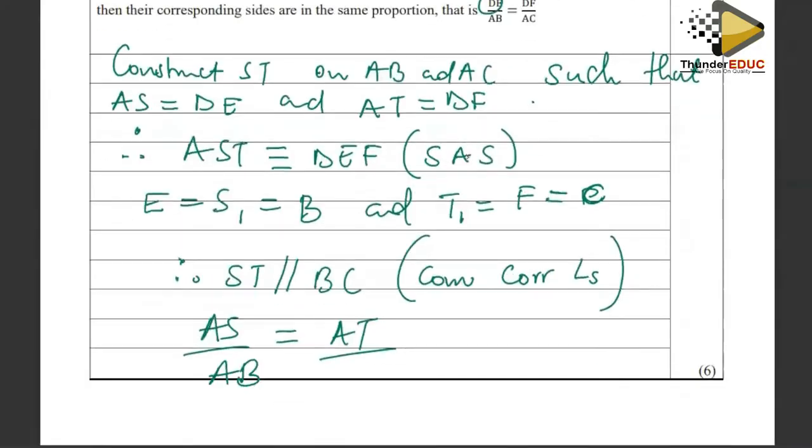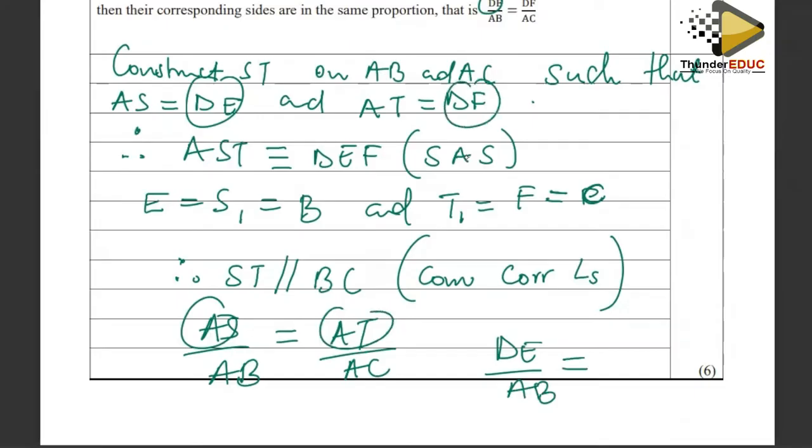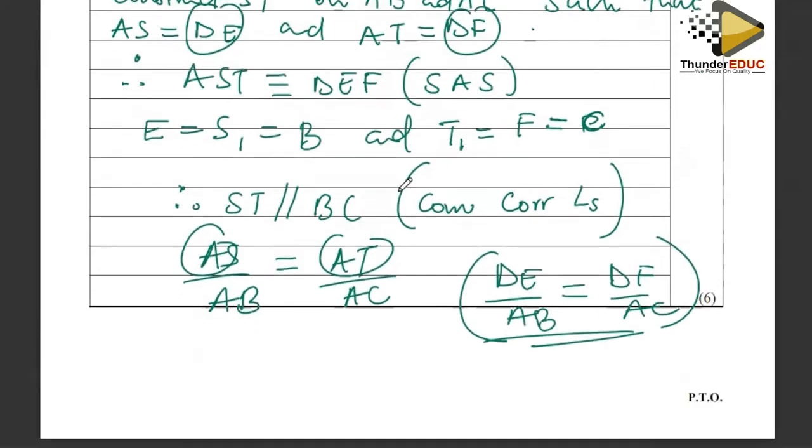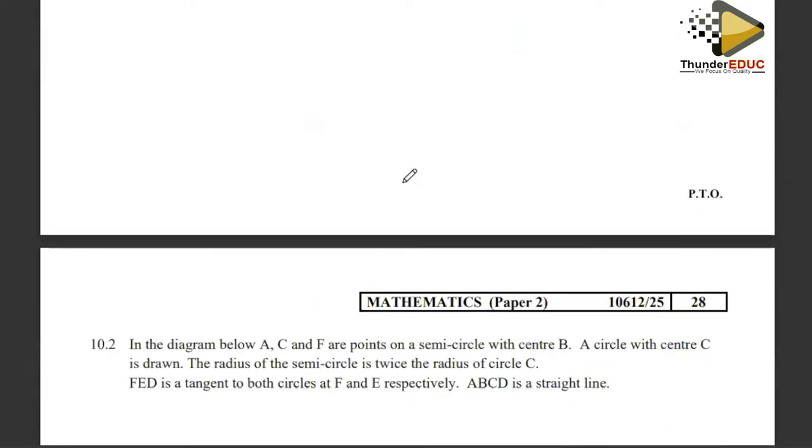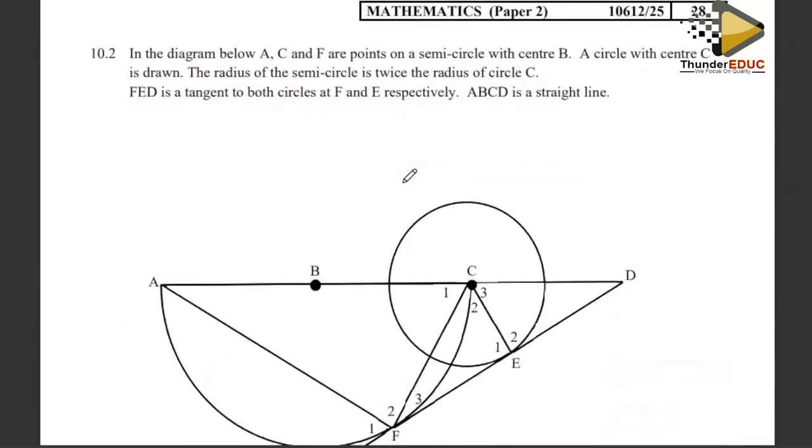But remember we said that AS is the same as DE. So replace that and say that DE over AB is the same as, we said AT is the same as DF, that is DF over AC. So that is how you do the proof for this particular question. 6 marks.